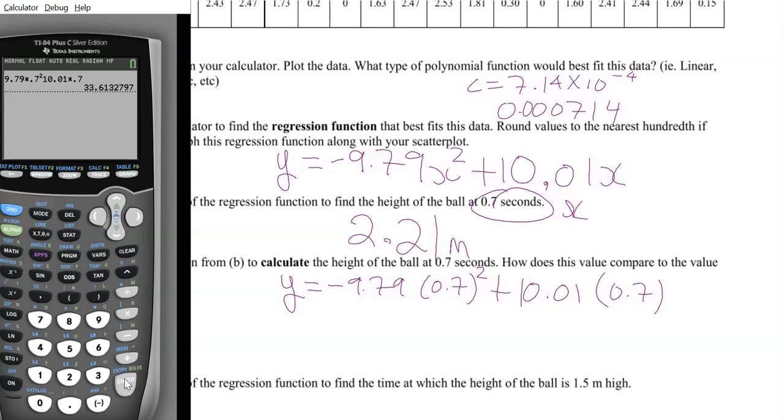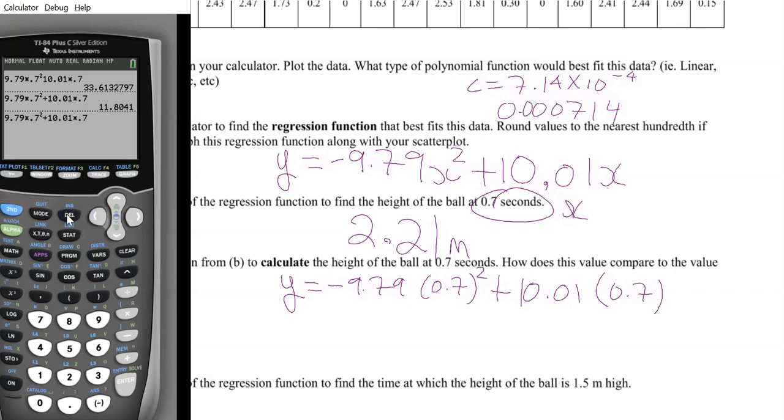And I do not have a plus in there, so hang on. Bring that back down and insert a plus sign. Oh, negative 9.79. That would make a difference, wouldn't it? Let's insert that negative.